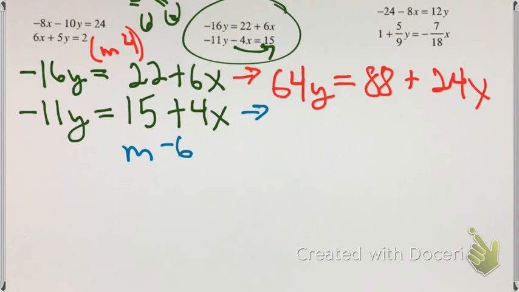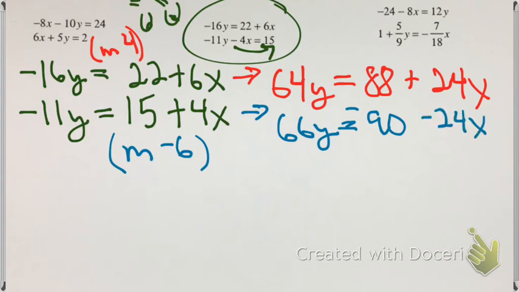So over on the left side, I've got minus 11 times negative 6 would give me 66y. 15 times 6 would give me 90, and that's negative. And then over here, negative 6 times 4 is minus 24x. So what I'm doing is eliminating the x's, basically. That was just how that worked out. There might have been an easier way, but that's the path I chose.